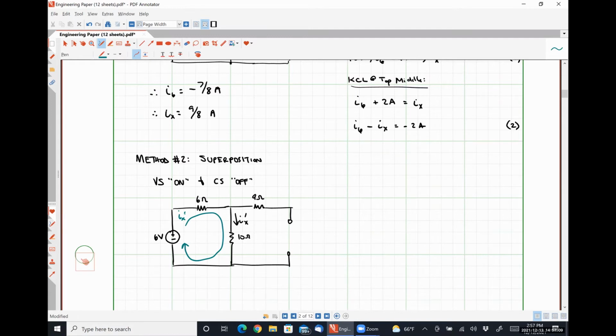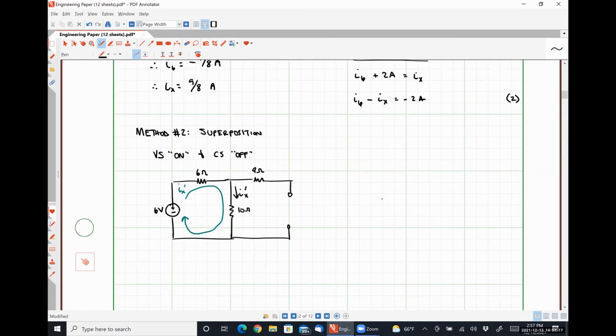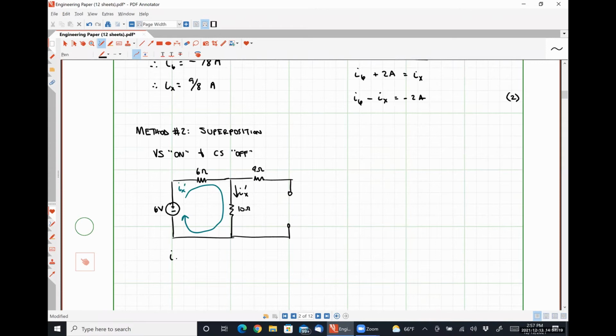So how do we quantify it mathematically? Anybody? All right. Using Ohm's law, where V is equal to IR, that means that I is equal to V over R. So that would just be 6 volts divided by the total resistance seen, which is 6 ohms plus 10 ohms.